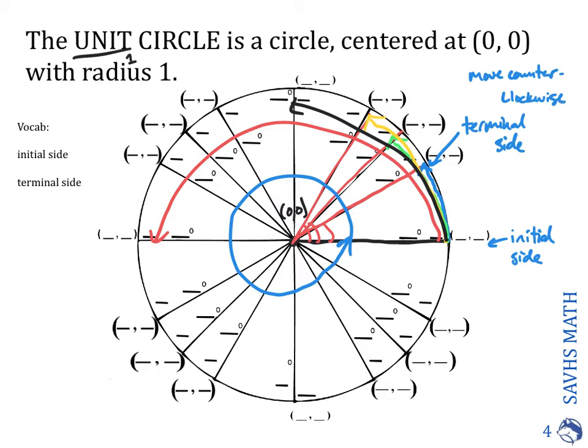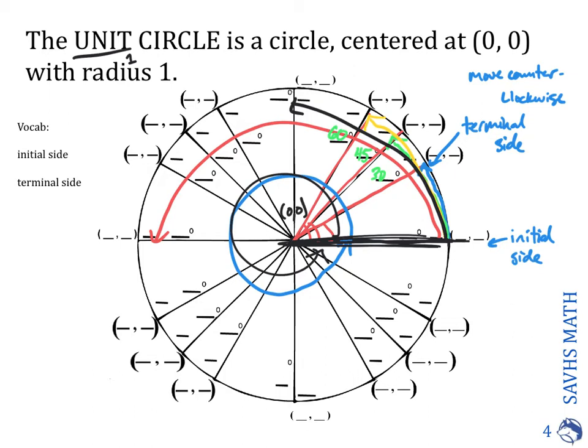So I'm always starting at this initial side right here, and I'm moving counterclockwise around the circle. We'll see in a little bit what a negative angle means, but these are all these positive angles. So this is a positive 30-degree angle. This is a positive 45-degree angle. And this is a positive 60-degree angle.